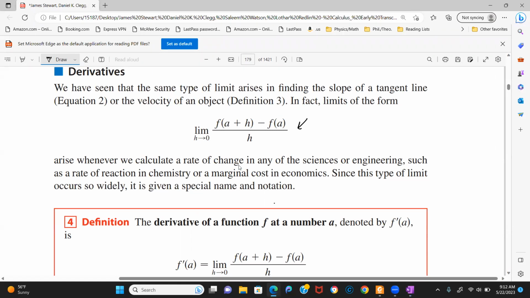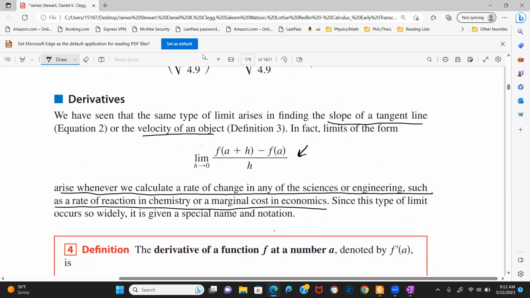It can arise as finding the slope of a tangent line, or as finding velocity. But this limit of this form arises more generally whenever we try to calculate a rate of change in any kind of science or engineering, such as the rate of a reaction in chemistry or marginal cost in economics. So rates of change show up in lots of different contexts.